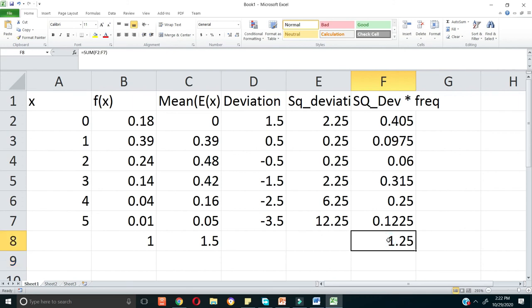We are not dividing by n, because this is already a percent frequency distribution, so we have already divided by n in this column. Essentially, you're getting the population variance over grouped data, but in this case the group is going to be the x, the proper outcome.